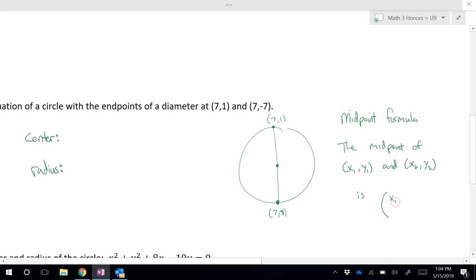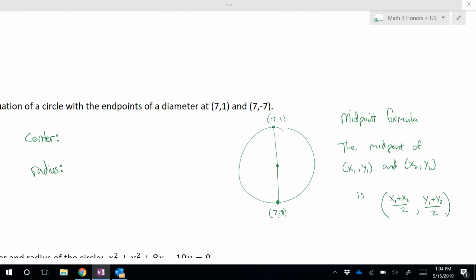You find the middle of x1 and x2, so you average them. Find the middle, the average, and find the middle or the average of your y values, which makes sense if you're finding the midpoint, okay? So it's the middle of the x's and the middle of the y's.